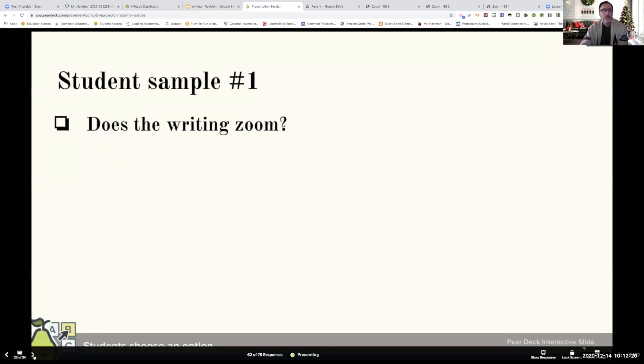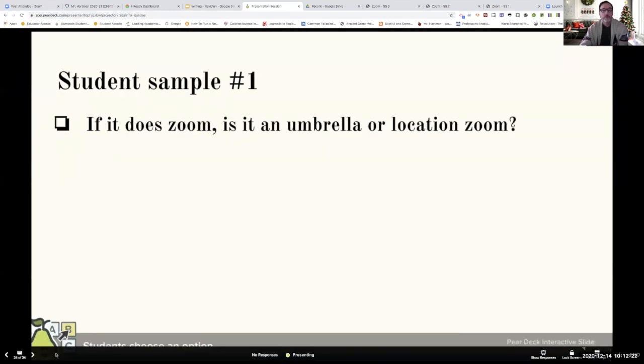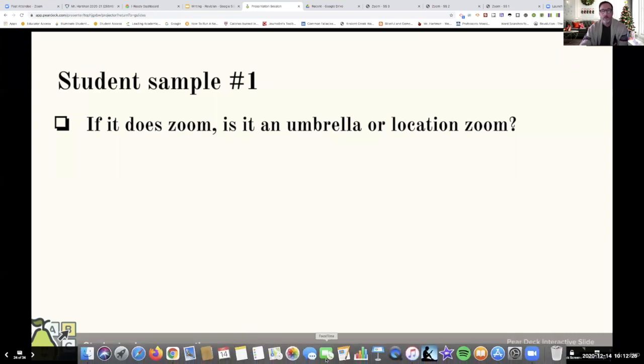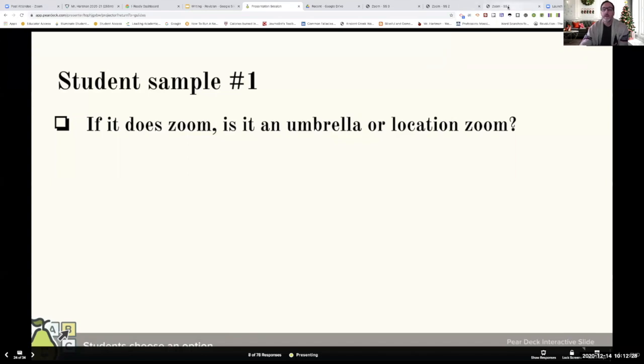Okay, same piece of writing. If it does zoom, would it be an umbrella or location zoom? So I'll go back to the piece.